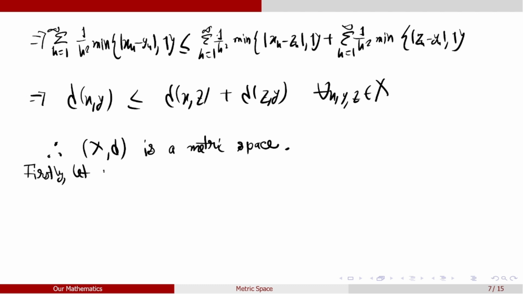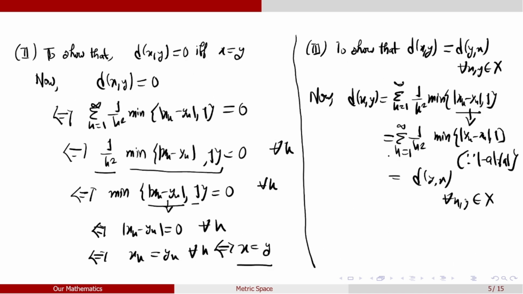Firstly, let us suppose that the converse, the if part, is true. That is, xkn converges to xk for all k equal to 1, 2, and so on.